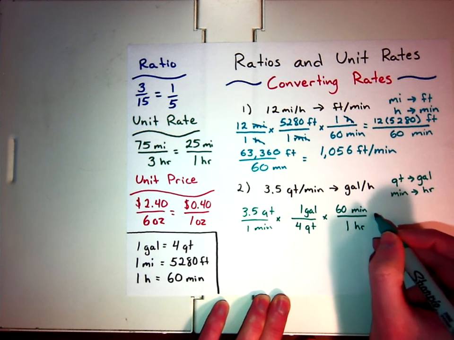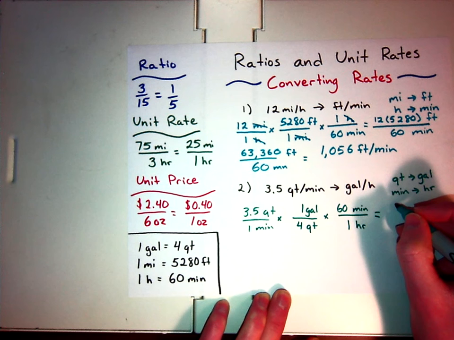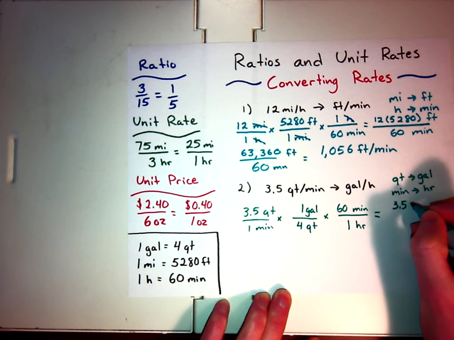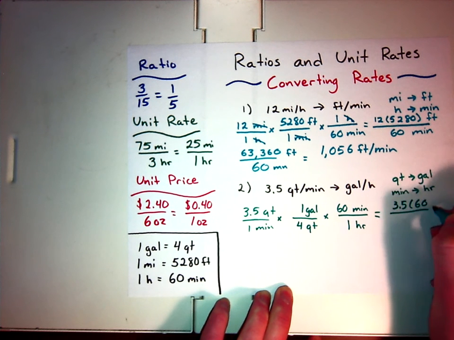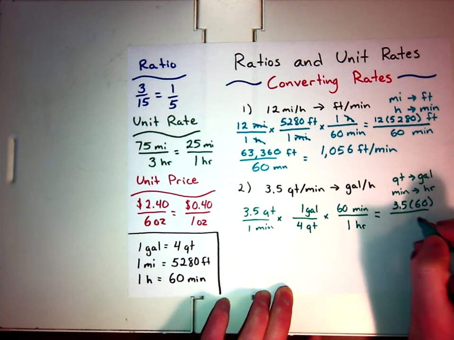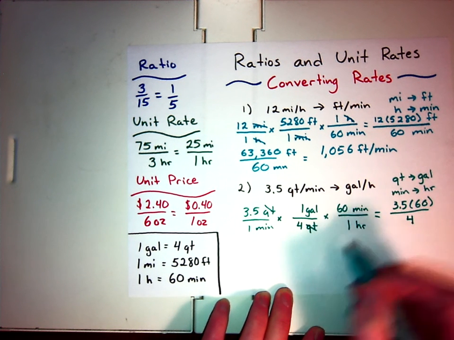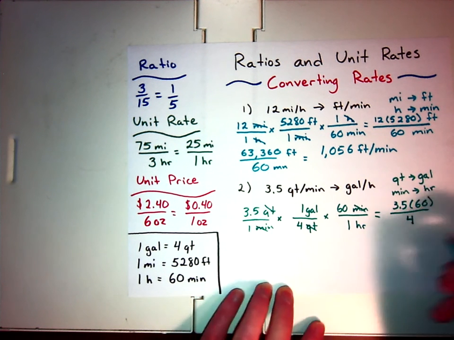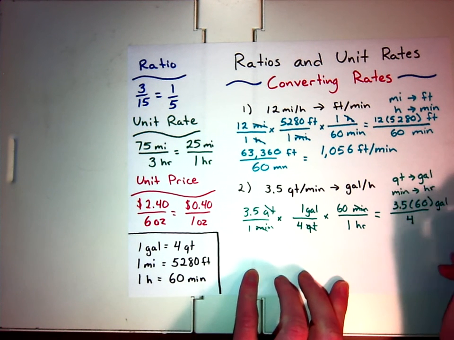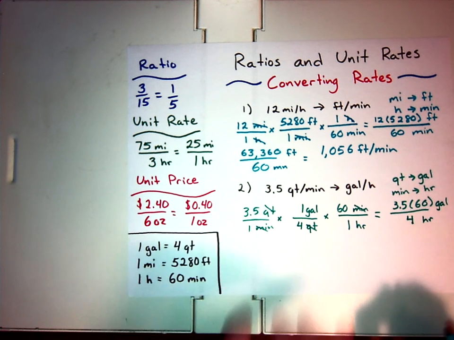Okay? Multiply, I get 3.5 times 60 over 4. And I'm going to cancel out any of the matches, minutes and minutes, leaving me with gallons and hours.